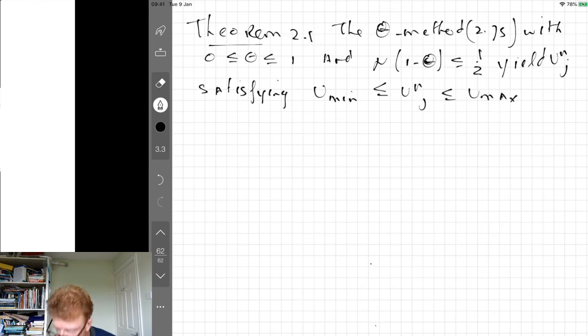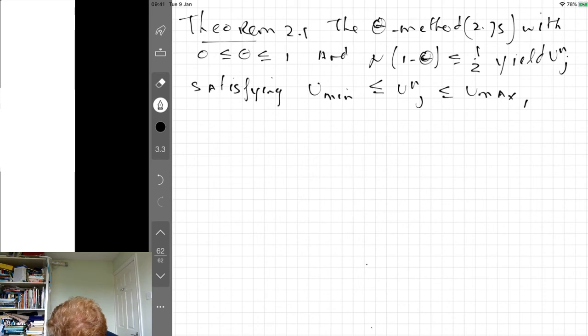So there is a minimum u min and a maximum u max between which u_j^n remains.